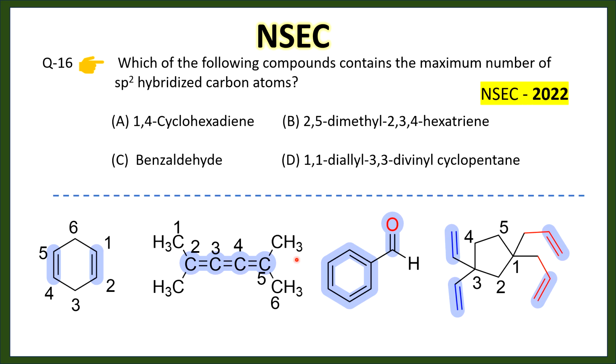So only two sp2. In this case, 1, 2, 3, 4, 5, 6, 6 sp2, 7 sp2, and in this case, 4 double bonds means 8 sp2 hybridized carbons. So the maximum answer is this one, 8 sp2 hybridized carbon atoms.